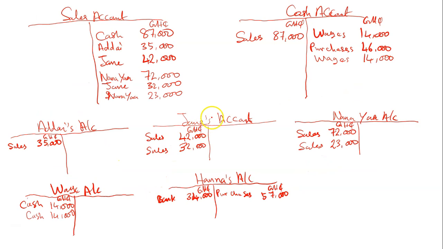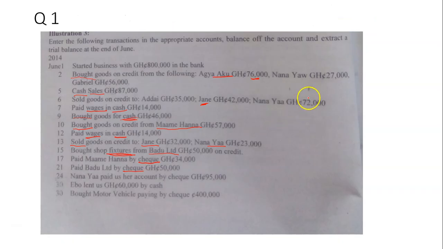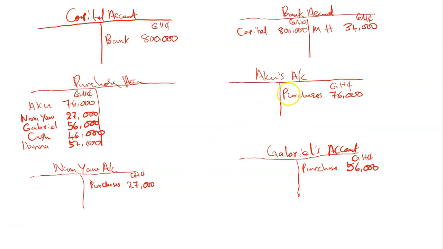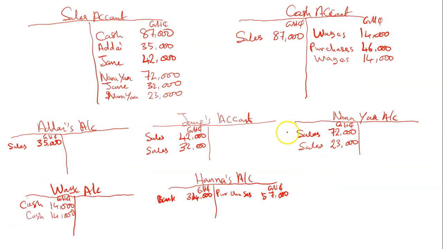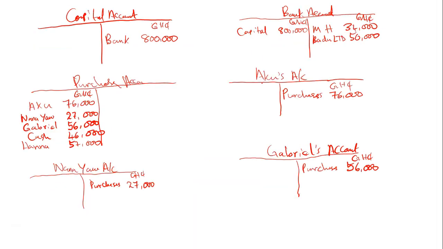So let's go to our bank account and credit it in the name of Bedu Limited, 50,000 Ghana cedis. Then we go to Bedu Limited's account and debit it in the name of bank because we paid through the bank, 50,000 Ghana cedis. So let's move on to the next transaction.